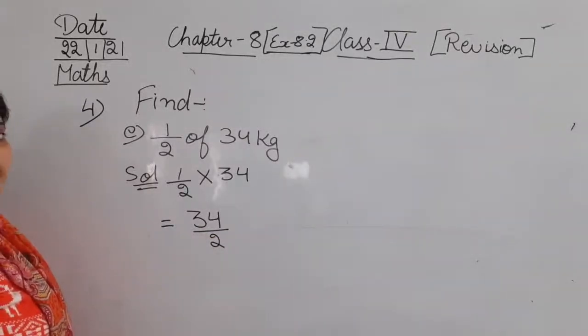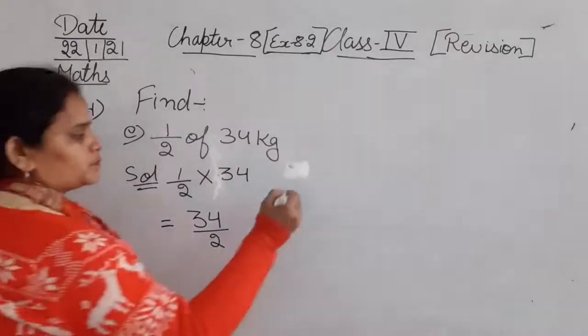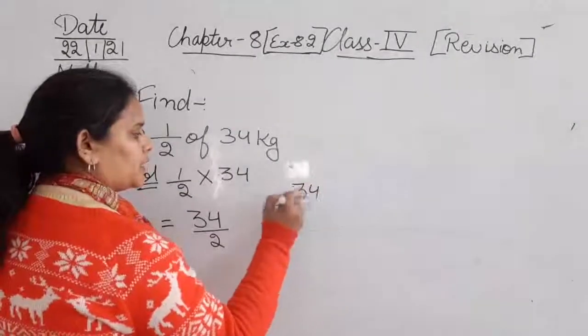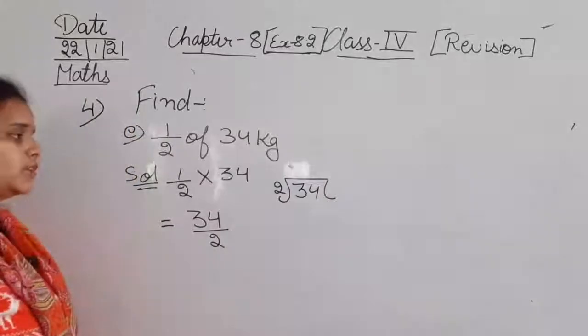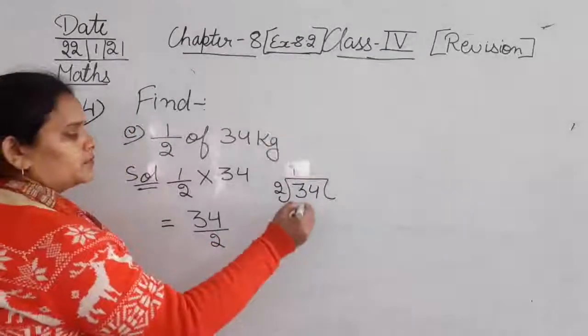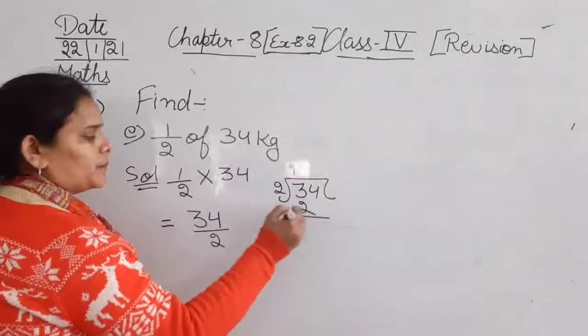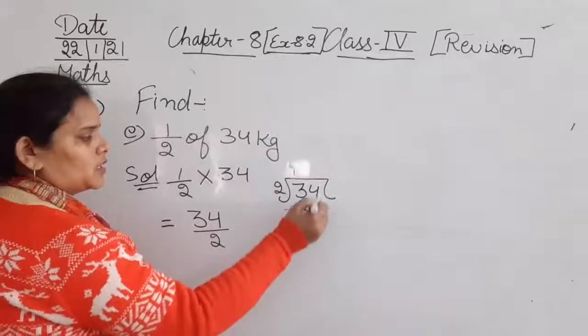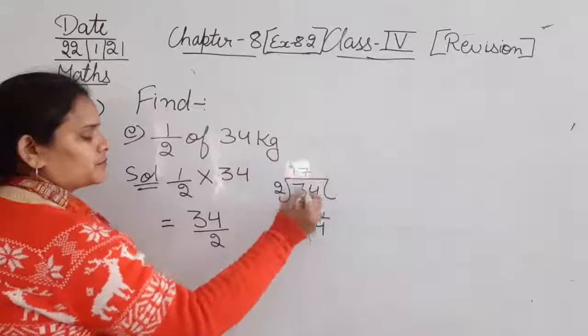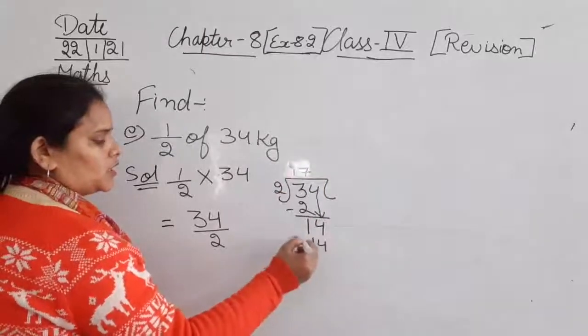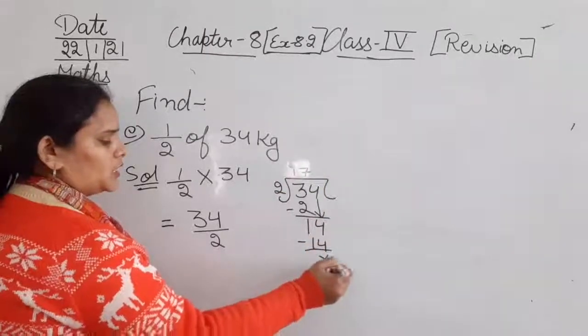So let's divide 34 with 2. Clear? 2 ones are 2, minus 3 minus 2, 1. Let's bring down 4. 2 sevens are 14. 14 minus 14, nothing will be left.